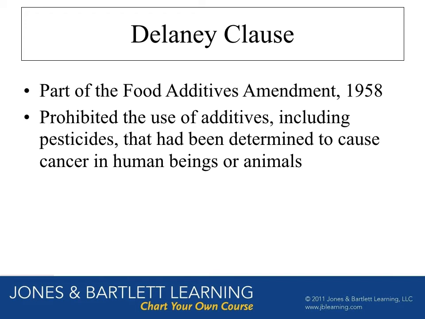However, it was virtually impossible to enforce because at that time, there were very few things that had actually been determined to cause cancer in human beings or animals. So it essentially went without enforcement because we didn't have the scientific basis to actually enforce prohibiting the use of things that cause cancer. That was eventually replaced in a later Food Safety Act we'll talk about here in a minute.